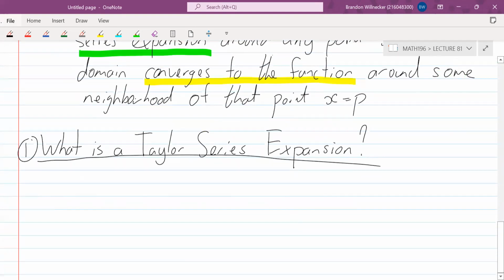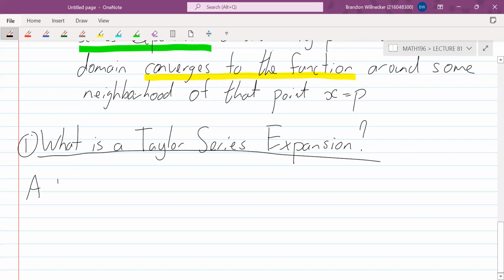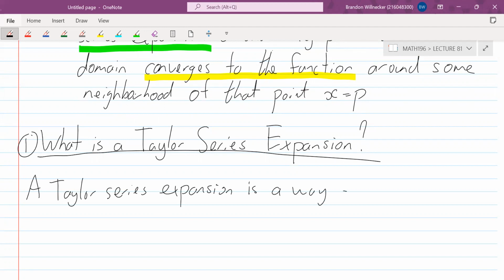Okay, so a Taylor series expansion is a way of writing a function, let's say f, as an infinite polynomial.